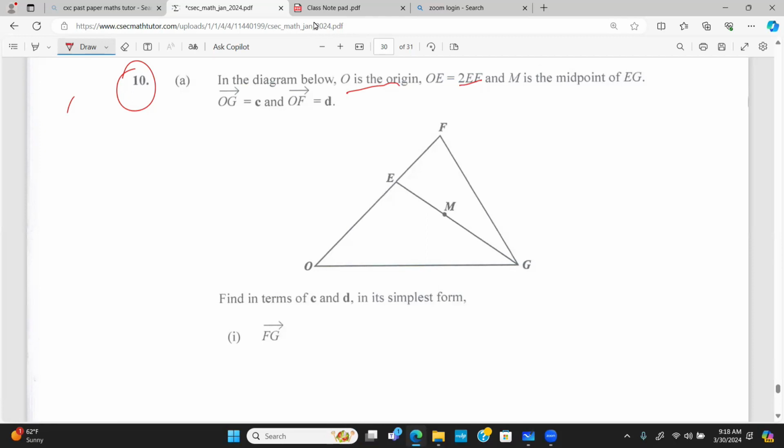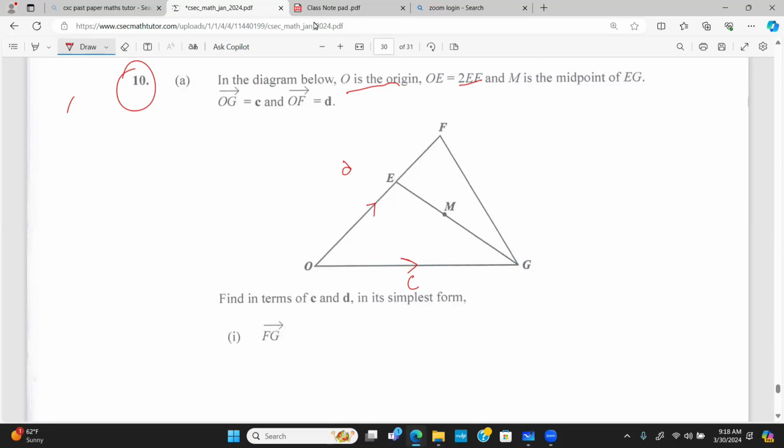OG is C. So I'm going to put on some arrows. From O to G here, we got that to be C. And OF is D, so all of this is D going in that direction.